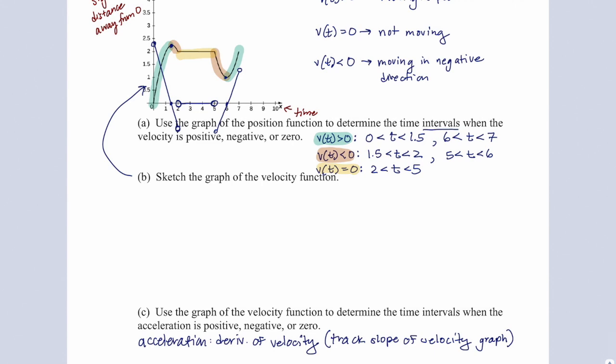So let's see, on the stretch between 0 and 2 seconds, I can see that the velocity graph is linear with negative slope. And so the acceleration would be whatever that slope is, and that's clearly negative.